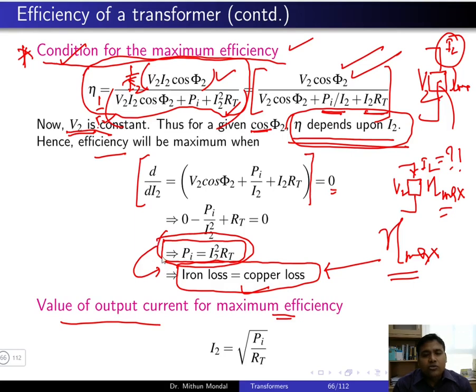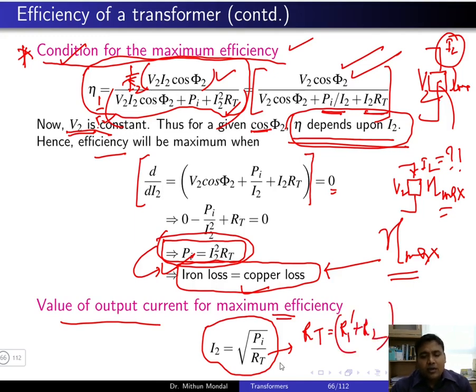From here we can find that the secondary current, or the load current, is the square root of the iron loss divided by the total resistance. Here we are using RT, which means if you are calculating on the secondary side, it will be R1 dash plus R2.